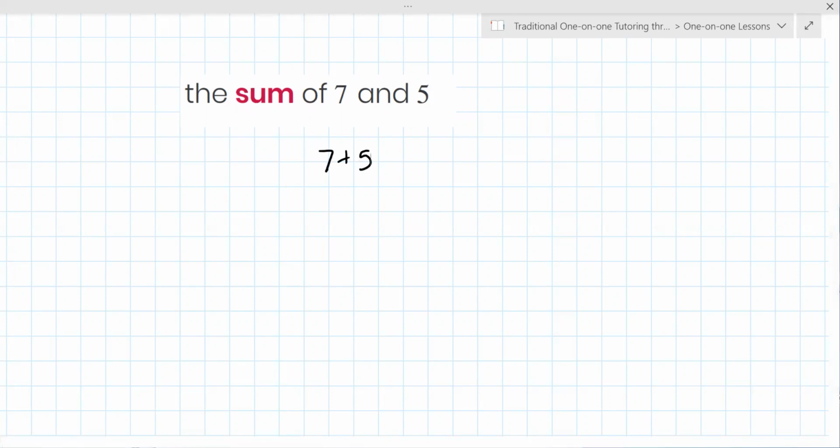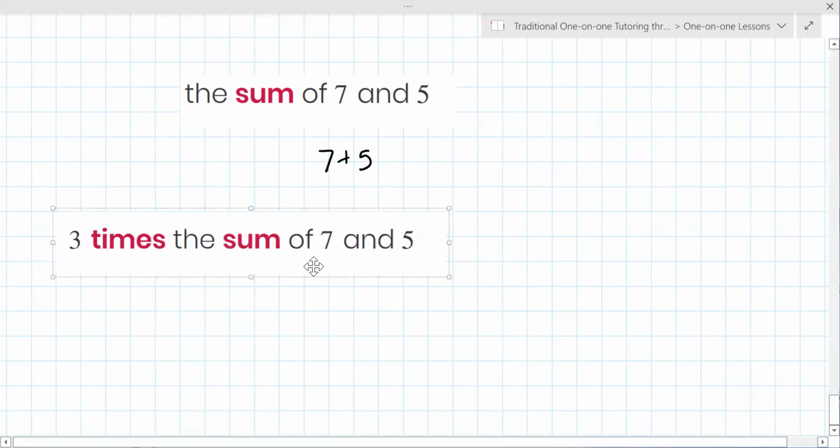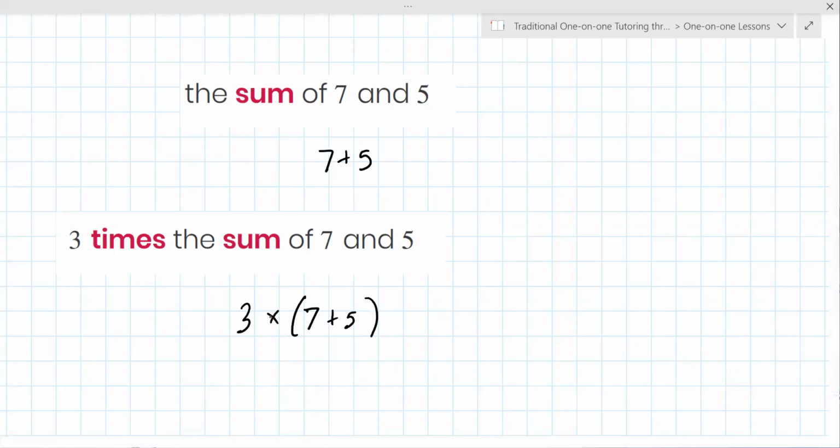Now, if I give you the full thing here, it says 3 times the sum of 7 and 5. So here's what this means. It means to first find 7 plus 5 and then multiply it by 3. So it's kind of like the order of operations. A little bit, yeah.